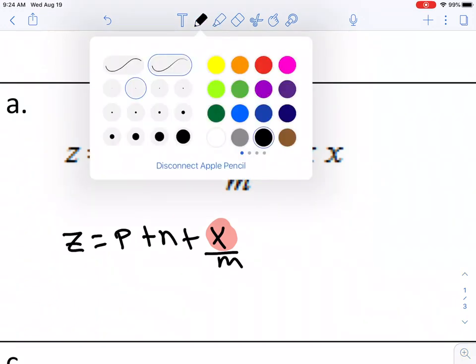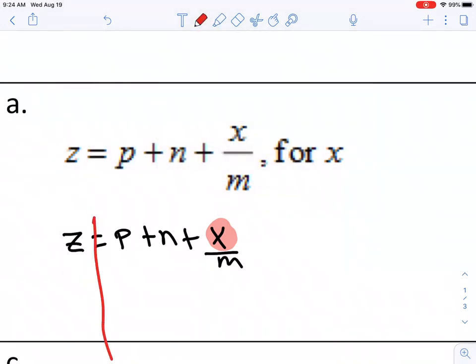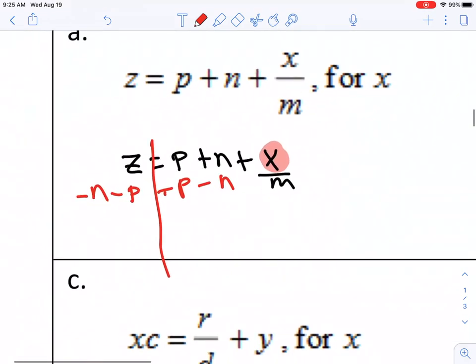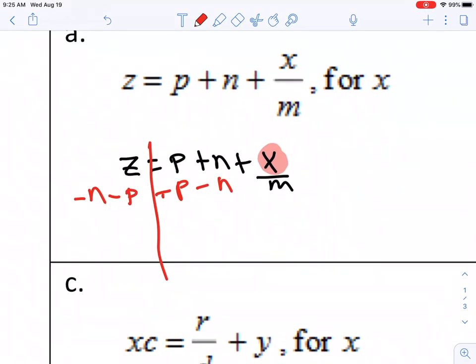I'm going to subtract p from both sides. I can also subtract n to both sides. So that's going to make those two things cancel out. And now on my left side, I have z minus n minus p equals x over m.